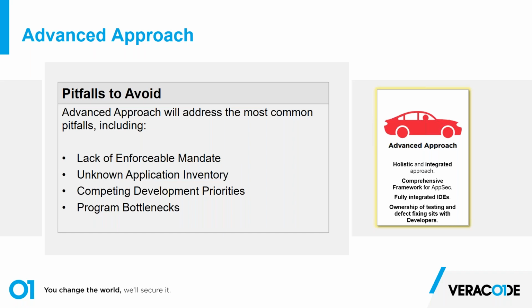And now you're trying to prioritize or put the brakes on all the momentum you've built and not able to serve developers. And it could mean you're not scanning the applications that have the most risk to the organization.